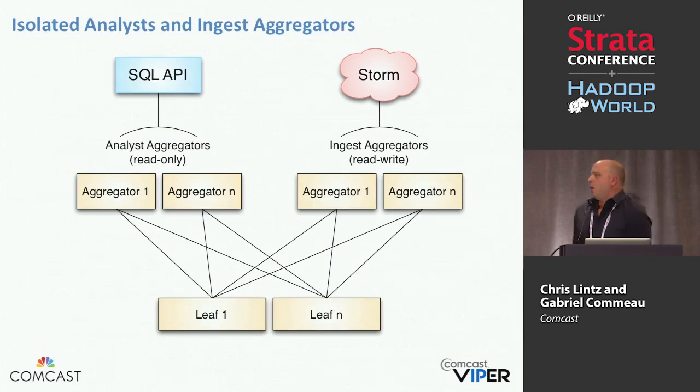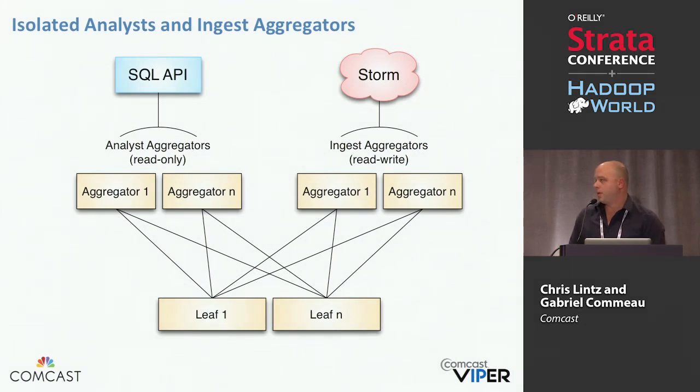In production we're able to isolate different groups of aggregators: Storm versus analyst aggregators, very different use cases. The reads occurring in Storm aren't necessarily merging data like an analyst aggregator would, so it made sense to separate these and keep them on completely different paths.